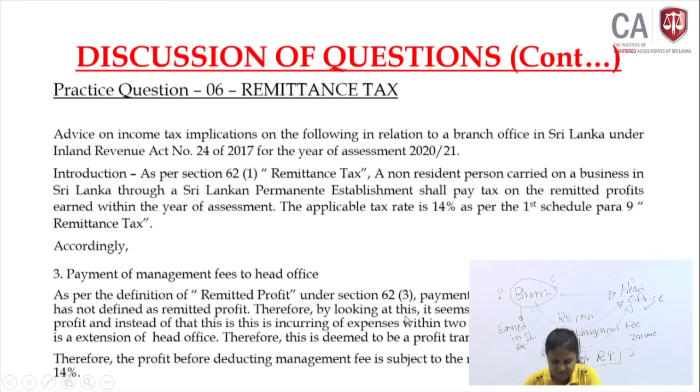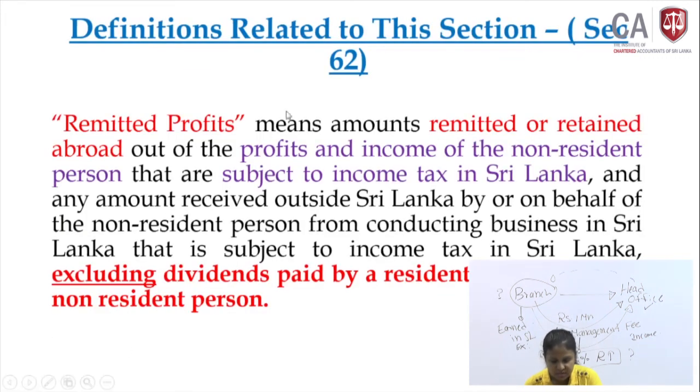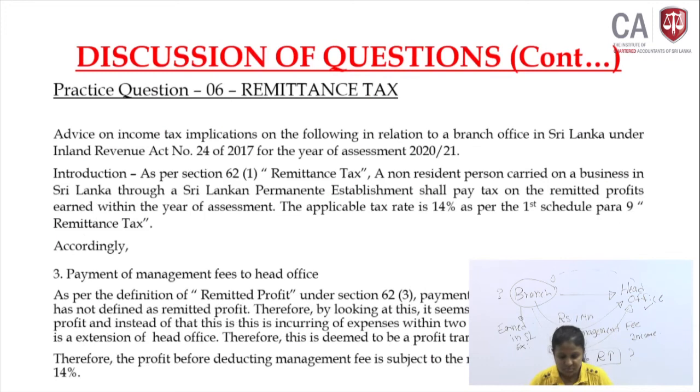Payment of management fees to head office: as per the definition of remitted profit under section 62 subsection 3, payment of expenses to head office has not been defined. Yes, it is clear. You can see here that the transferring of expense amounts to the head office has not been given, and head office has not been defined as remitted profit.